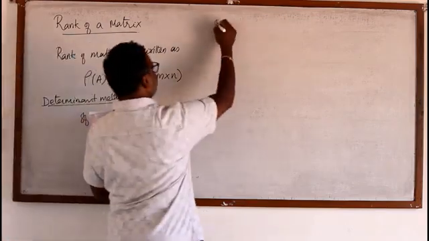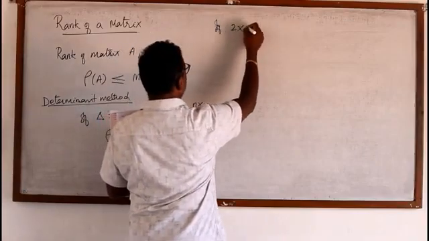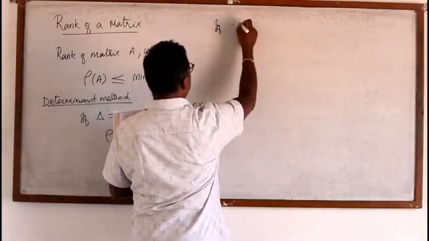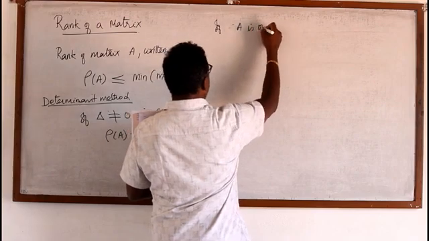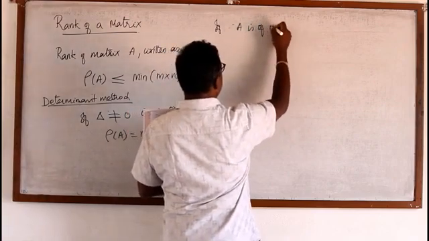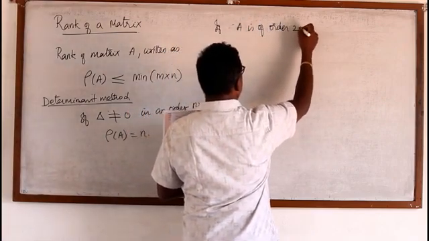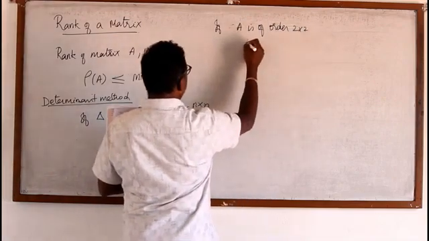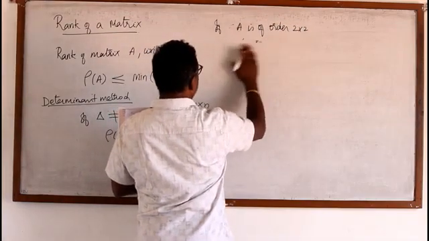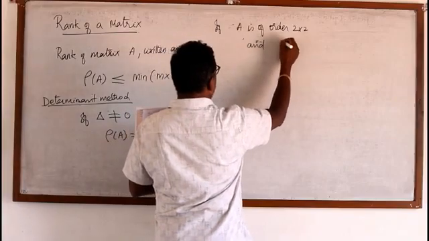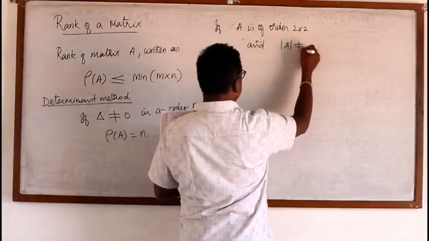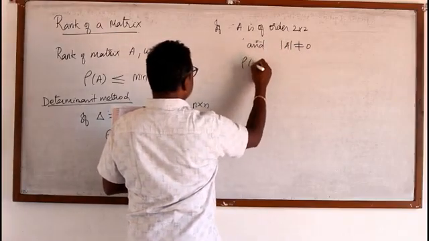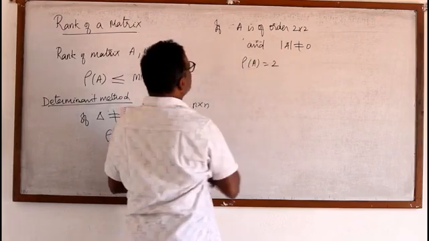Suppose I take a 2 cross 2 matrix A of order 2 cross 2. If determinant of A is non-zero, then rank of A is 2.